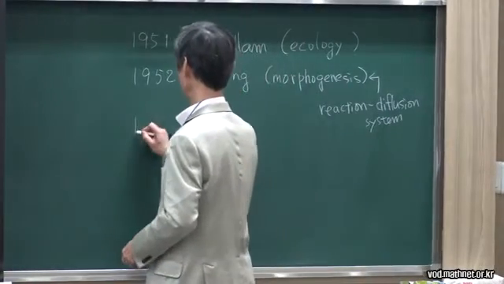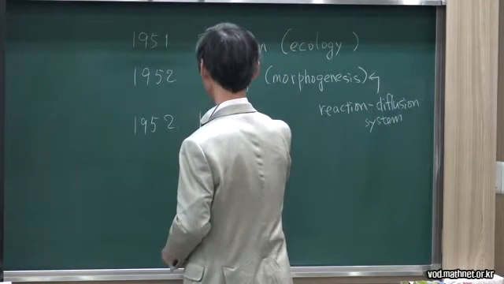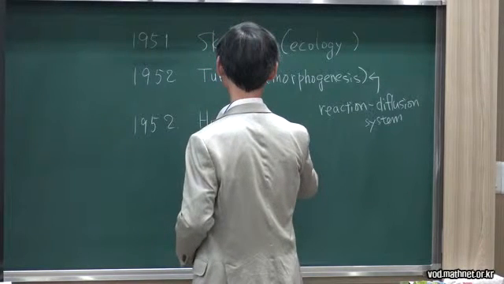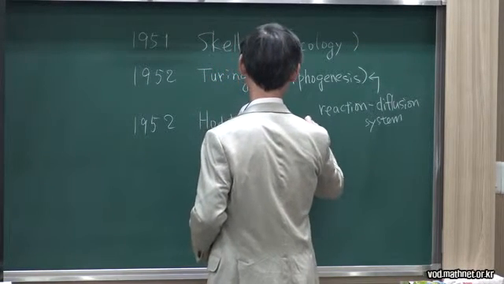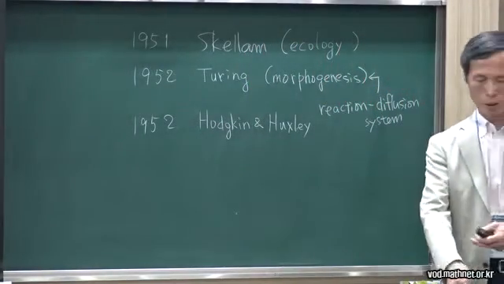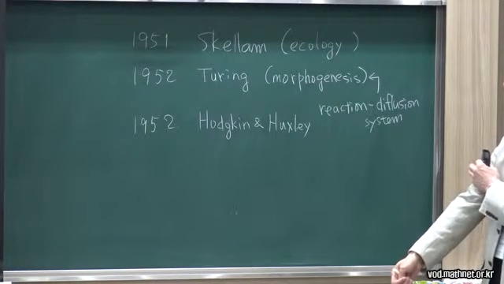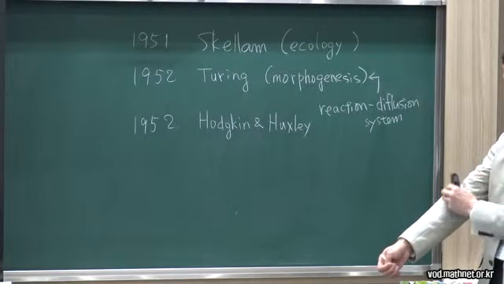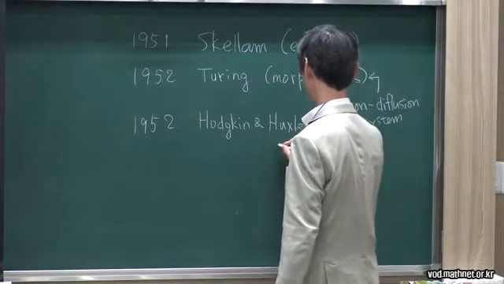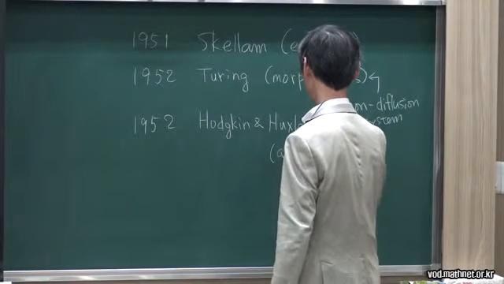But again, in 1952, Hodgkin and Huxley introduced a model for propagation of an electric signal along the neuron. It's called the action potential.